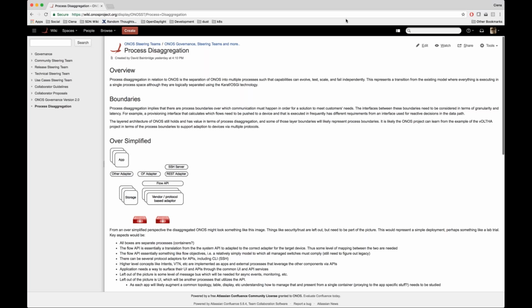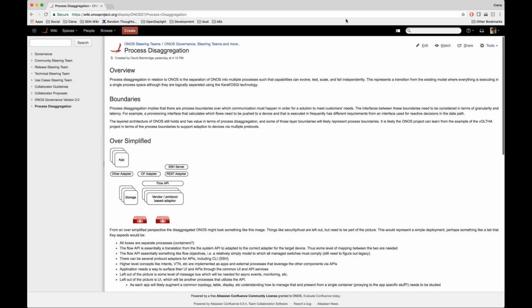Fair enough. In particular, when I look at ONOS, I really divide it into two groupings myself. Often it's the apps on top of ONOS, and I see those apps as potentially separate processes. And then I see the part of ONOS which actually communicates with and pushes flows down primarily to devices.